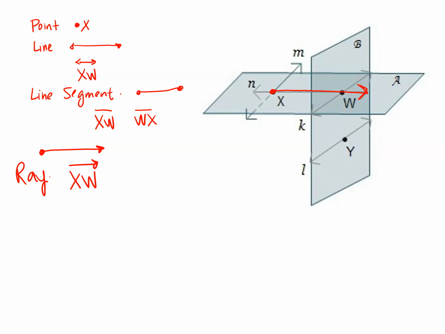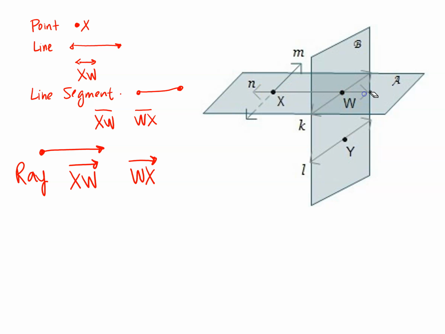So notice the difference, we name it this way, but if we wanted to refer to these points, we would name WX, still going from left to right. W, the endpoint goes first and then X, even if the ray is facing a different direction.